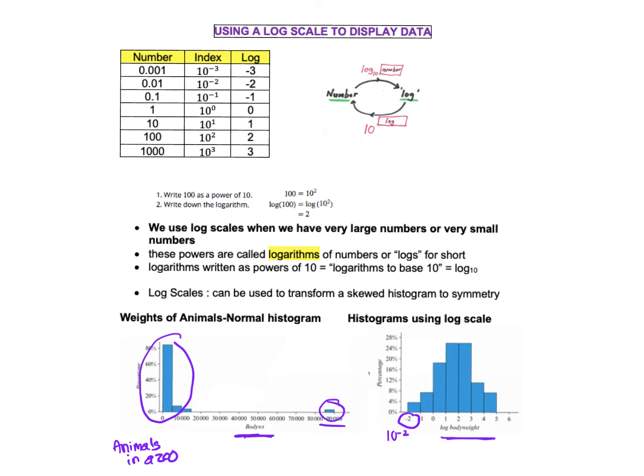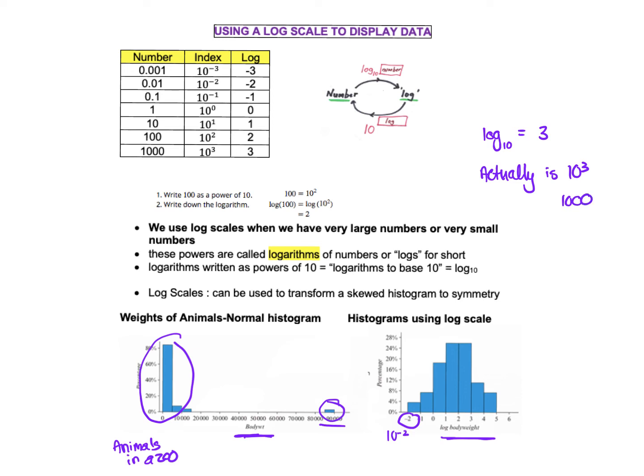So what you have to do is if they tell you the log number, and it's always log 10, if they say the log 10 number equals 3, what the actual number is, is 10 to the power of 3, which is 1,000, isn't it?